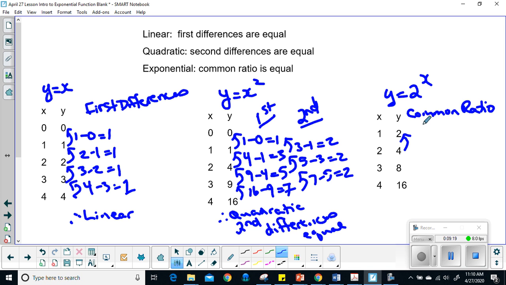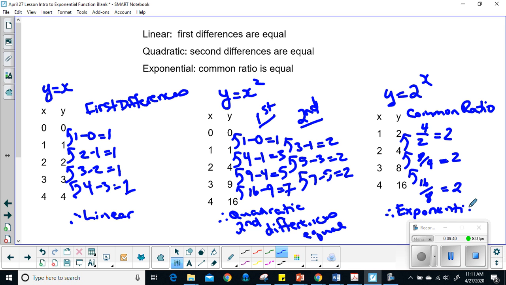I take the bottom and divide it by the top. 4 divided by 2 is 2. 8 divided by 4 is 2. 16 divided by 8 is 2. So the common ratios are the same. Therefore, exponential.